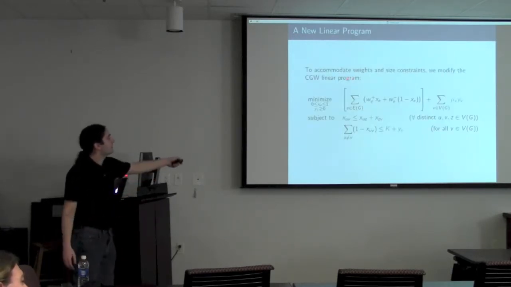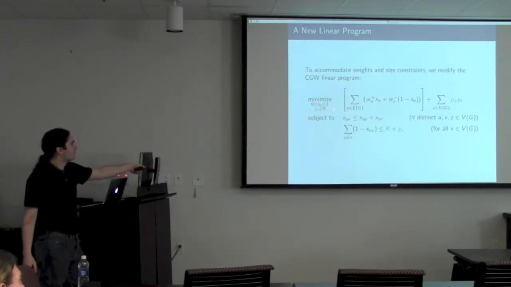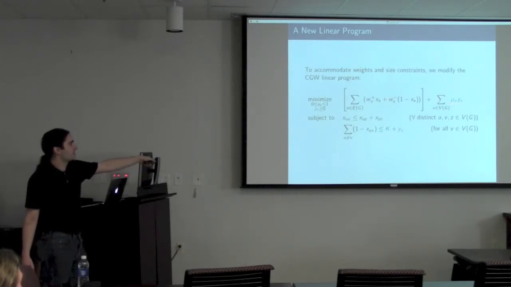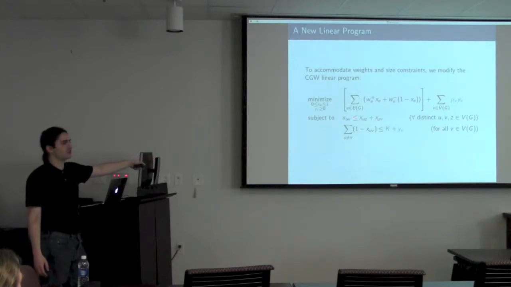So we can modify that linear program that we had before. Before we were summing over positive edges and negative edges. Now instead we have this sum where for every edge you just look at its positive weight times how far apart the endpoints are, plus its negative weight times how close together they are. And we've also got this penalty term for sizes. And now these two constraints are just saying the usual triangle inequality.